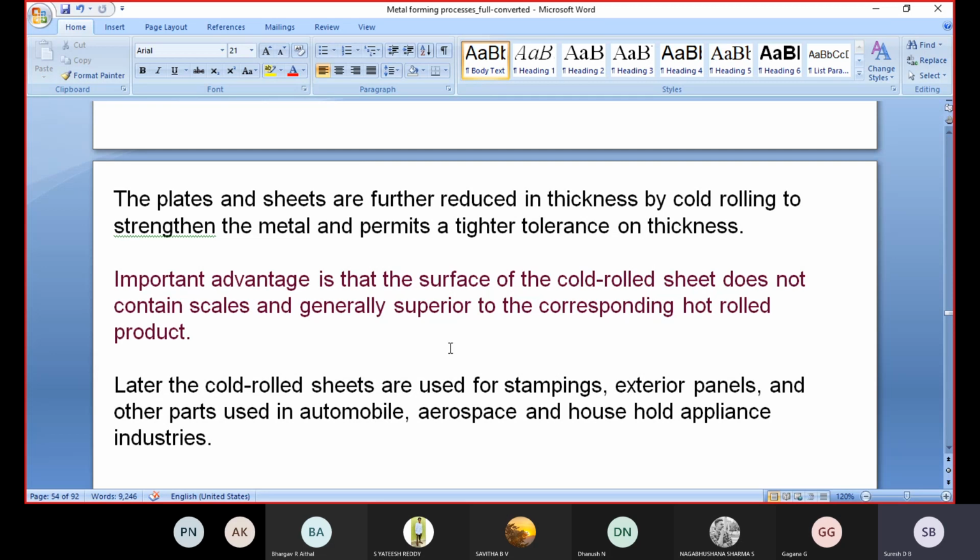One more example, in automobiles, both inside and outside of the vehicle, they use some sheets. Some other applications of sheets: in aerospace also, they use sheets. Household appliance industries. Okay, these are all some applications of sheet.